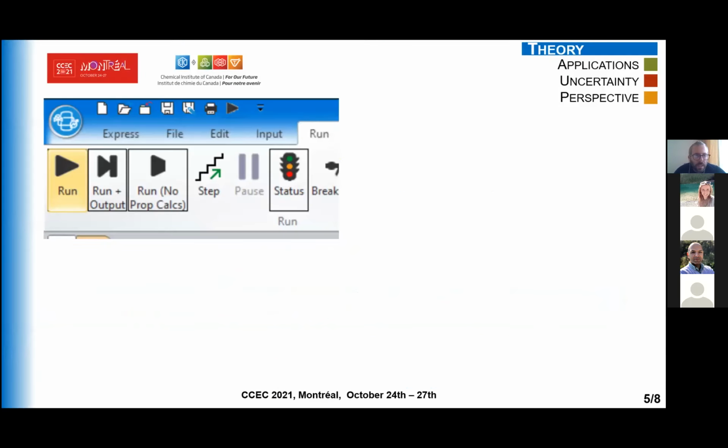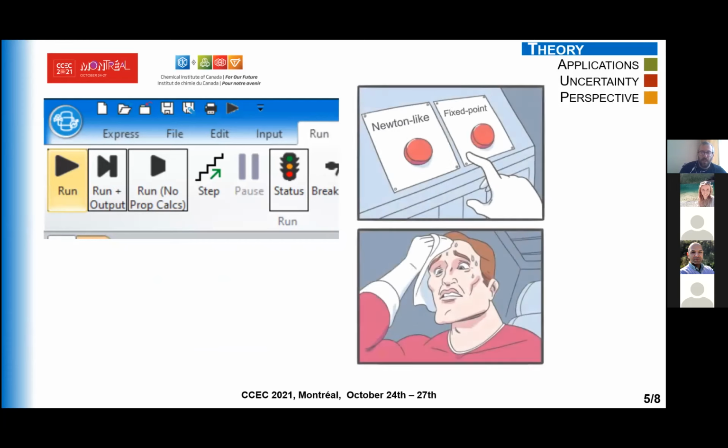So before the user clicks on the run or solve button, depending on which software you are using, they should select the solution algorithm. Most of the time, and I also do it most of the time, I just leave the default option to solve the problems.